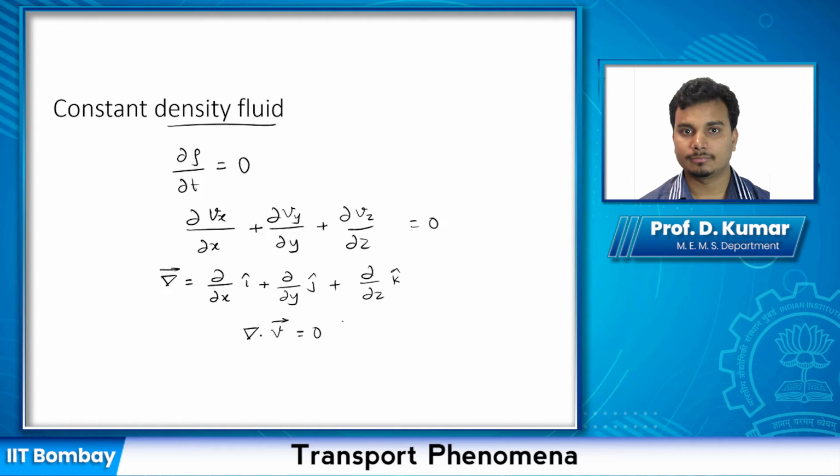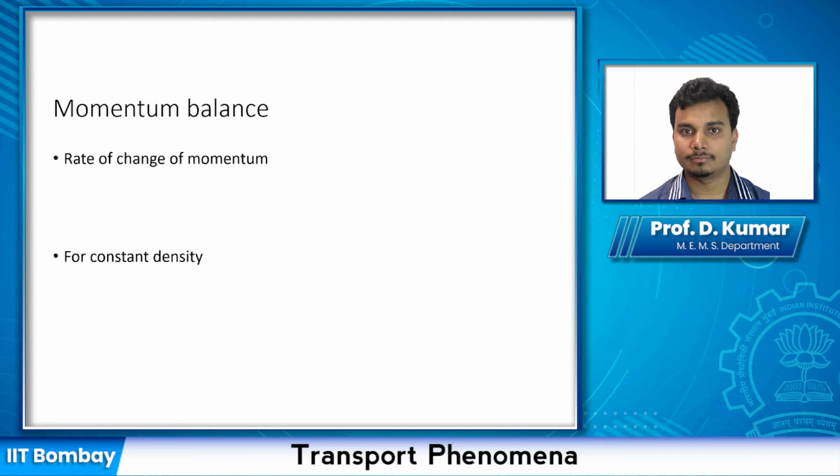So this is your equation of continuity, if your density is constant, the incompressible situation. So now we conclude the mass conservation, or equation of continuity, and we'll move to momentum balance.